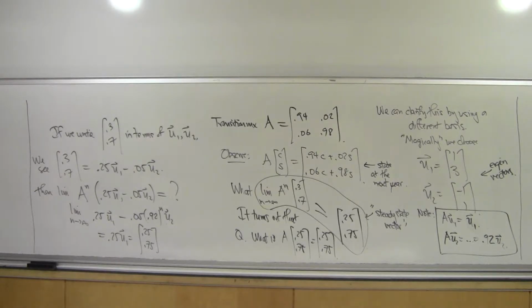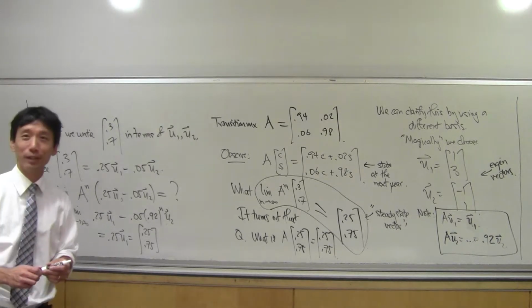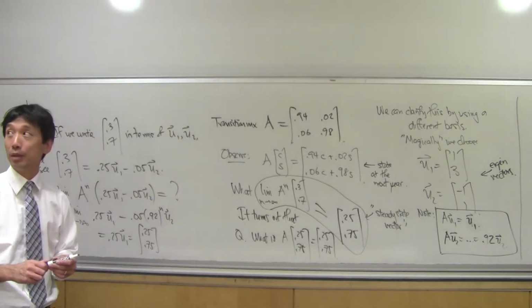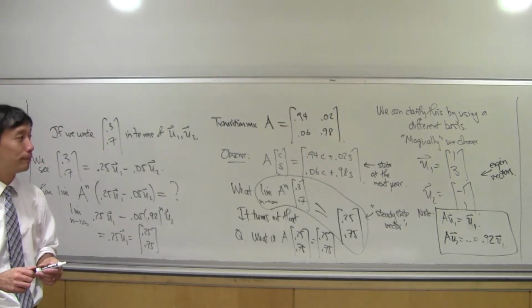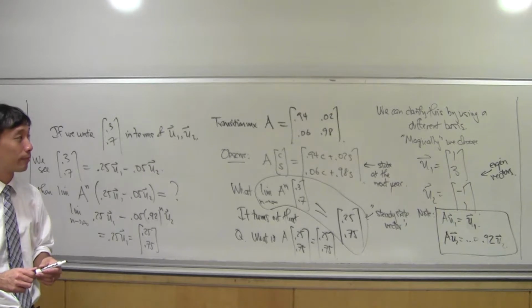Yes, Sam. You already knew U1, and that's just 4 times the steady state vector, but we did the entire limit, using U1 to get the steady state vector. Wouldn't you already know what it was?